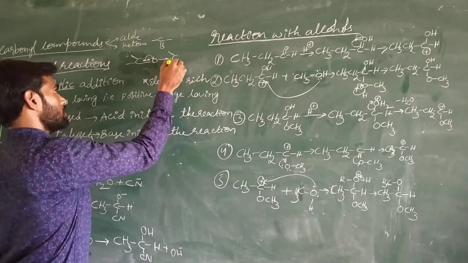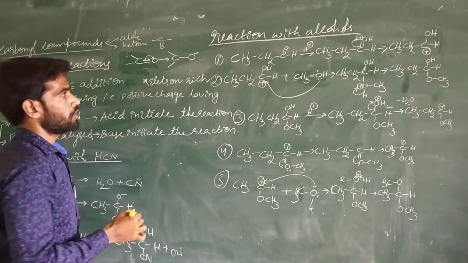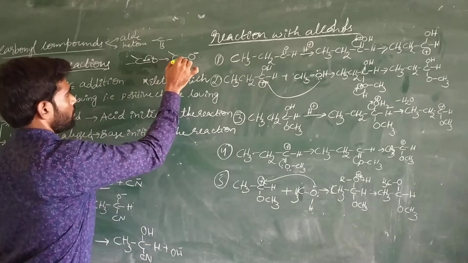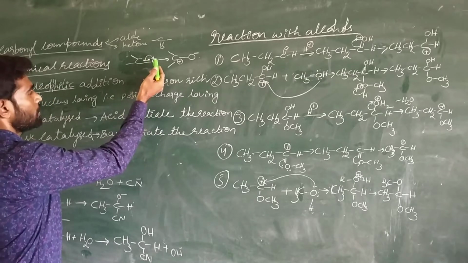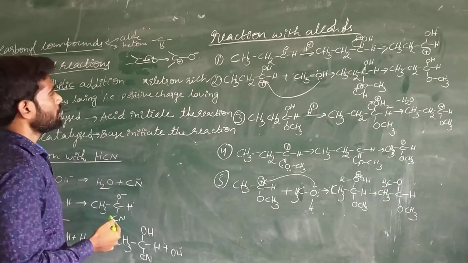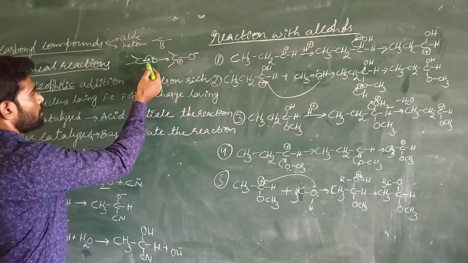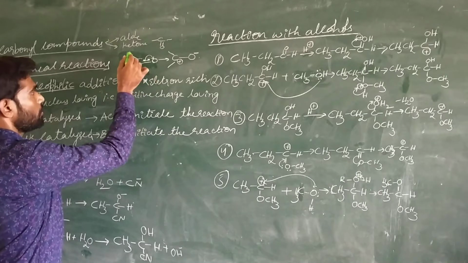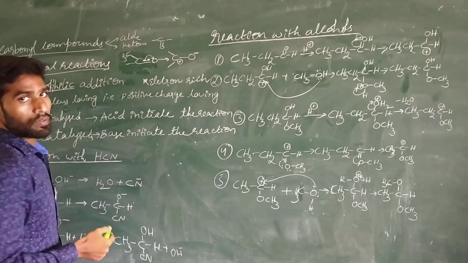So oxygen is getting a negative charge and carbon is getting a positive charge. This electron density is moving towards the oxygen atom.